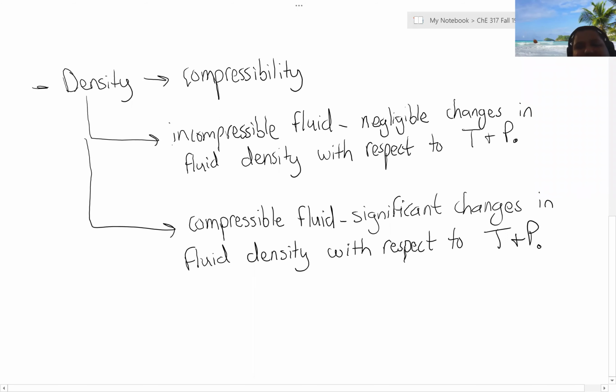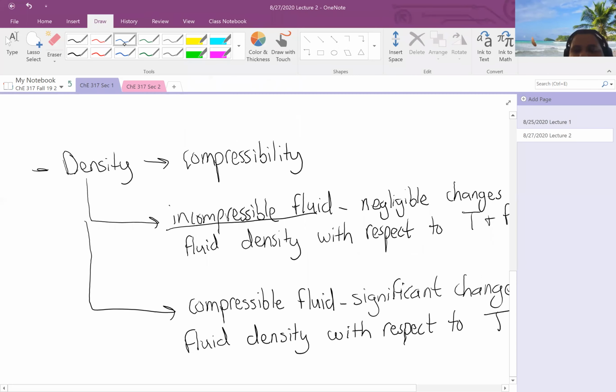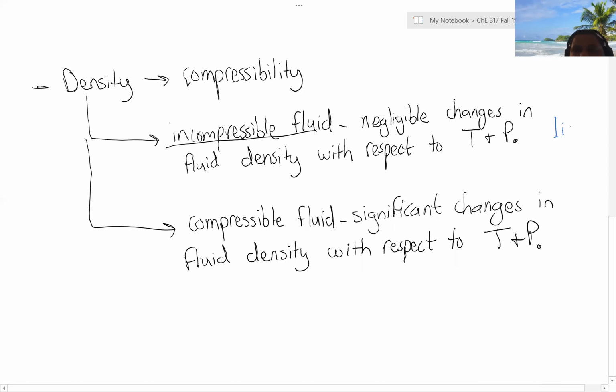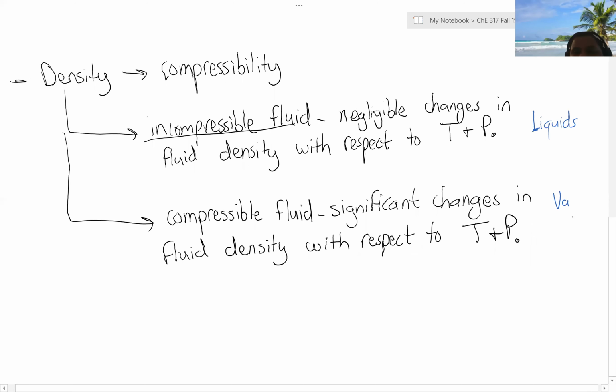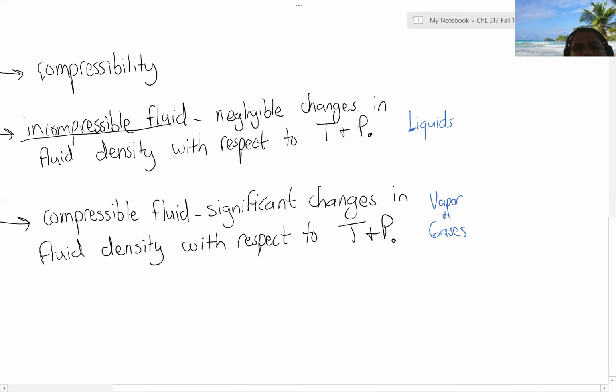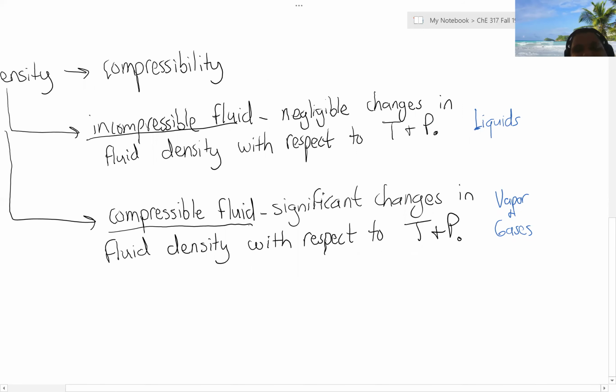So when we think of an incompressible fluid, more often than not, we're really talking about liquids. And when we're looking at compressible fluids, a lot of times we're talking about vapors and gases. Now, that's not going to hold in every sense, primarily because when you're looking at large changes in temperature and pressure, there will be density fluctuations for a liquid.